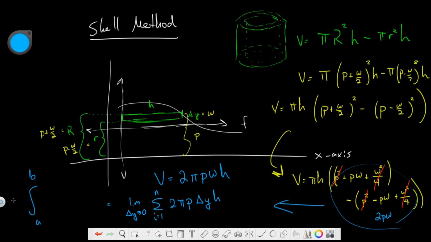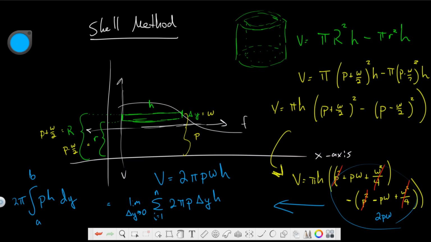What is it going to be? 2 pi p h dy. All right, 2 and pi are both constants. The reason why I kept p and h in here is because p is going to vary depending on which rectangle you're looking at, as is h. As you draw new rectangles, the h will change and the average radius will change.